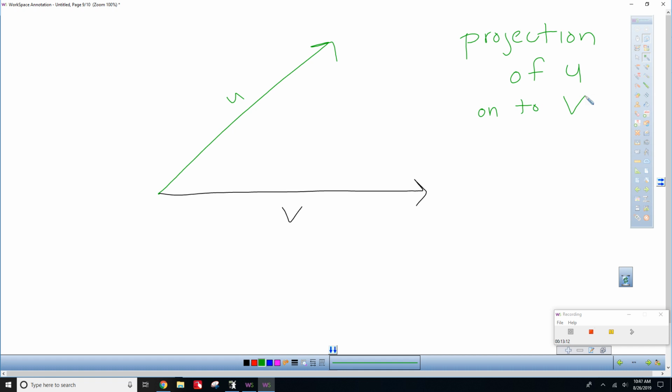So the projection of V onto U might be different than the projection of U onto V. But here's how I want you to imagine it. Imagine that you're taking a flashlight and you're shining it perpendicular to whatever we're going onto.